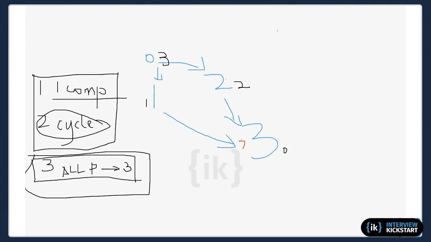Okay, so whenever we reach the end, we will return. Which means I just need to keep a temporary array that keeps all the nodes along the way.